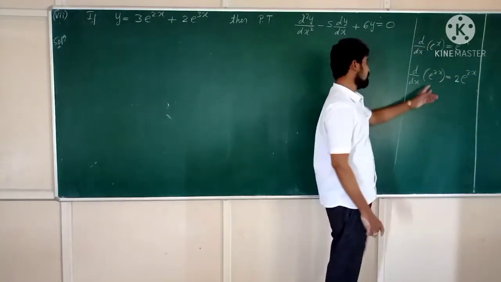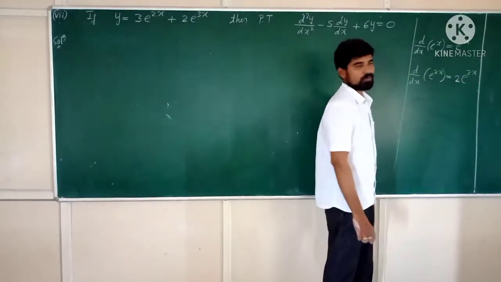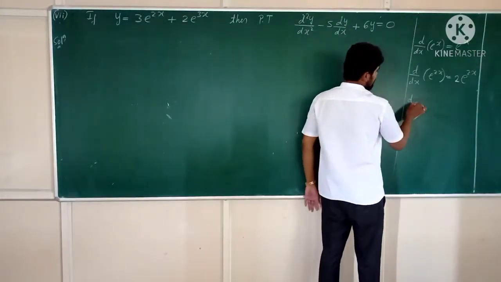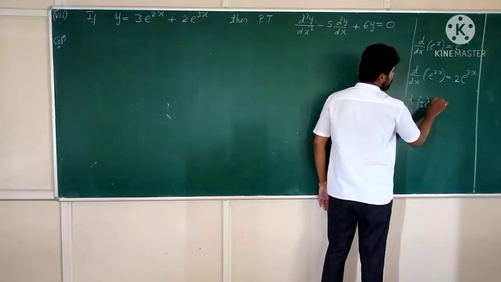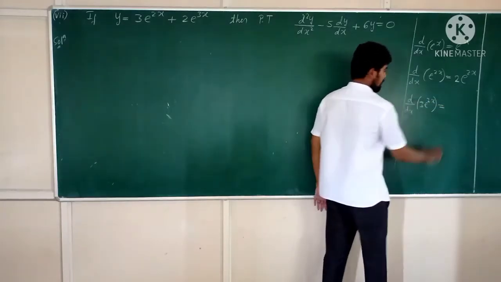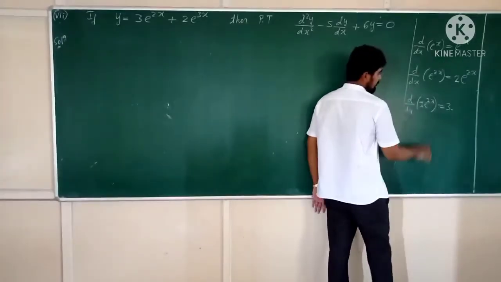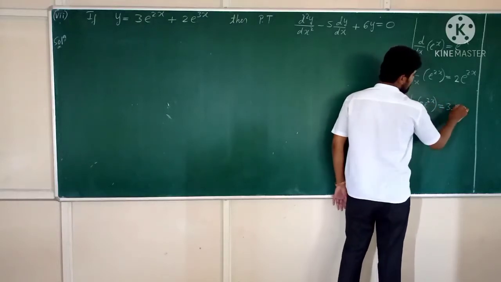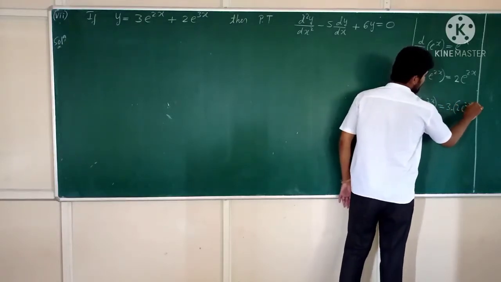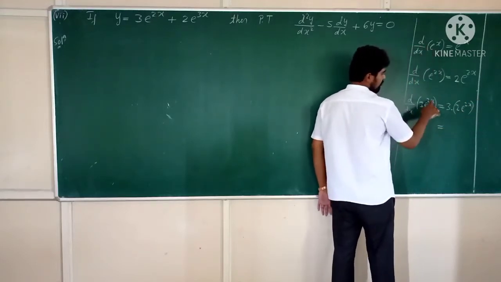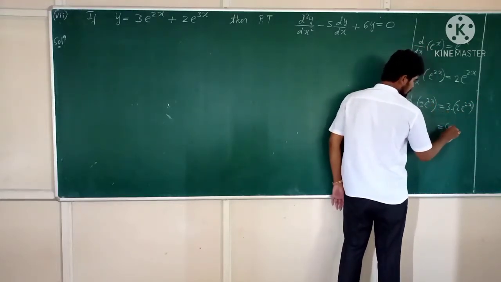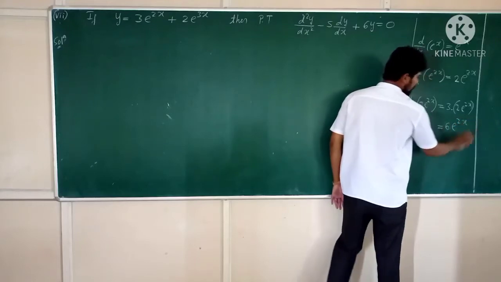So the derivative of e^(2x) is 2 into e^(2x), and the derivative of 3 into e^(2x) is 3 as it is, into 2 into e^(2x). Hence the derivative of 3 into e^(2x) is 6 into e^(2x).